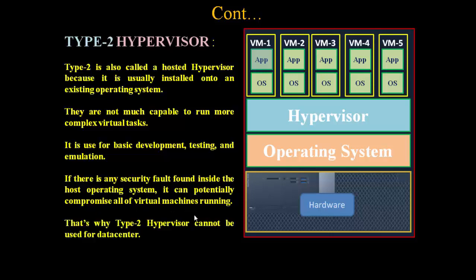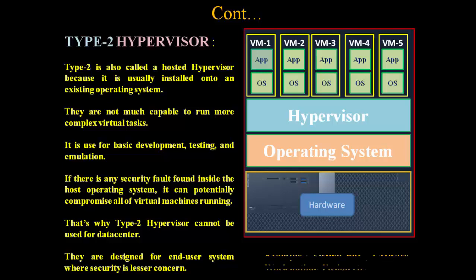That's why a Type-2 hypervisor cannot be used for a data center. As we discussed, a Type-1 hypervisor is basically used for the data center because it is a powerful hypervisor, but a Type-2 hypervisor cannot be used for the data center. They are designed for end-user systems where security is a lesser concern. Now examples of Type-2 hypervisor are VirtualBox, VMware Workstation, Fusion, etc. These all are known as Type-2 hypervisors.